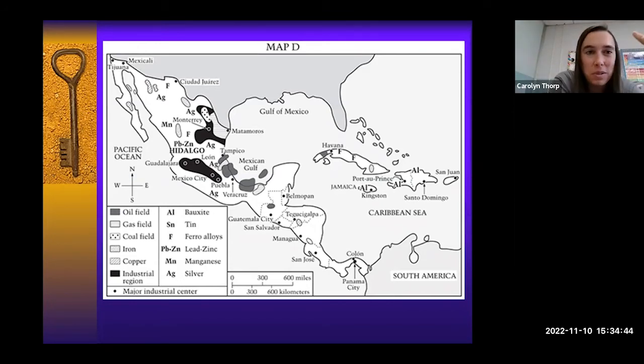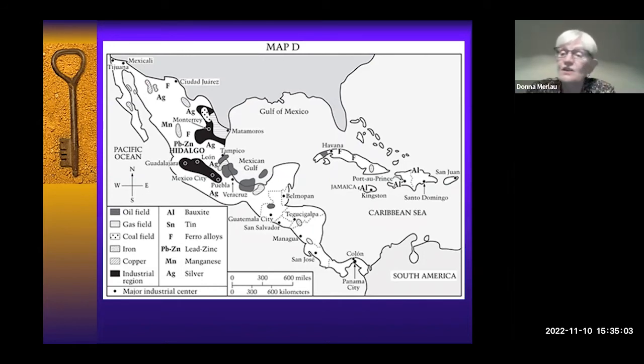I don't know. The only thing I was noticing is when I looked at the industrial regions in black and then looking for within those industrial regions, if there are industrial centers, it's kind of narrowing it down. And then located by one of those is a coal field. Okay, so industrial region, industrial center located near a resource.